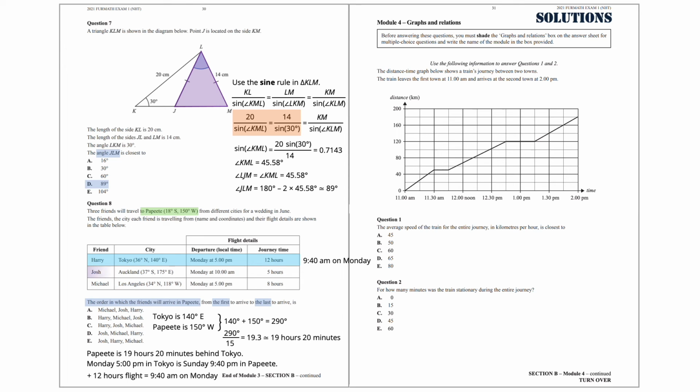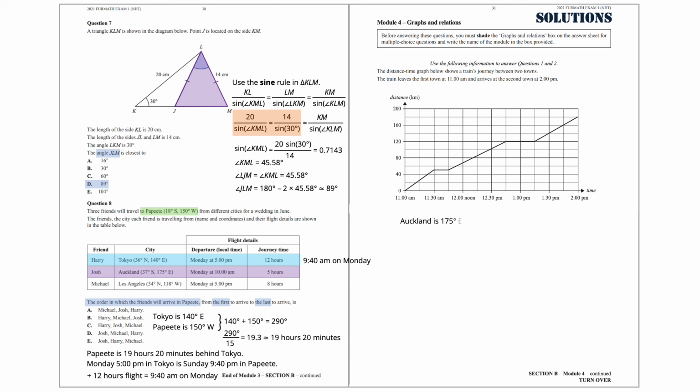Now Josh starts from Auckland, which is on a longitude of 175 degrees east. So the difference between Auckland and Pepite is 150 degrees plus 175 degrees equals 325 degrees. We divide this by 15. So the time difference between these two places is 21 hours and 42 minutes.